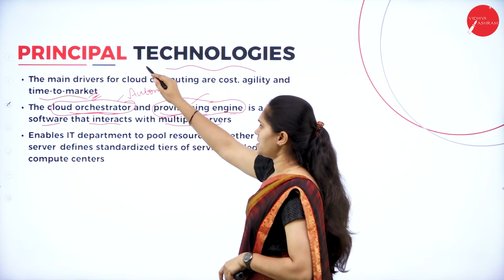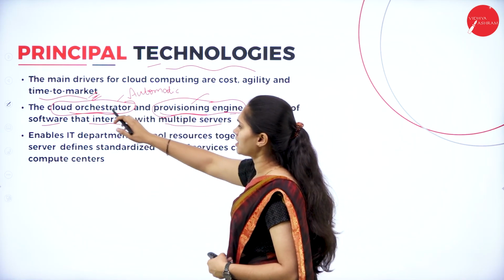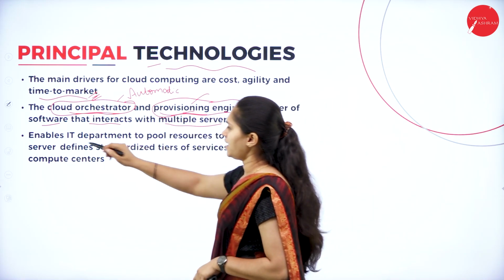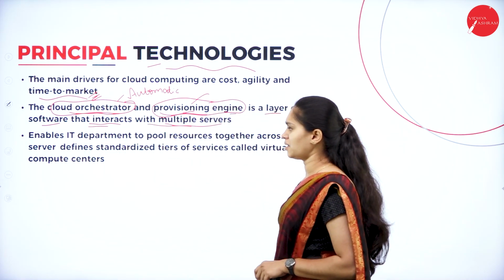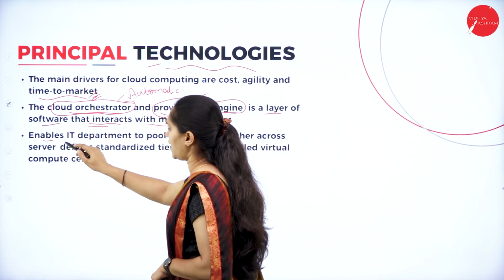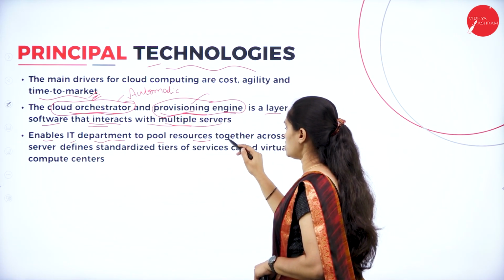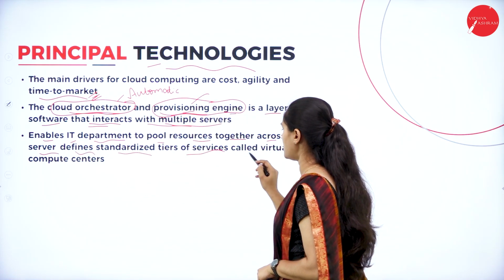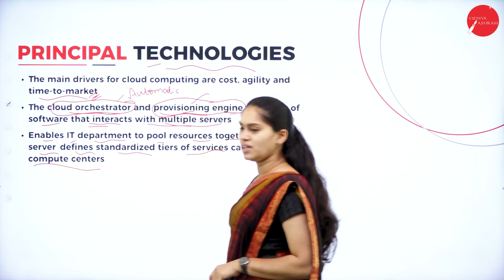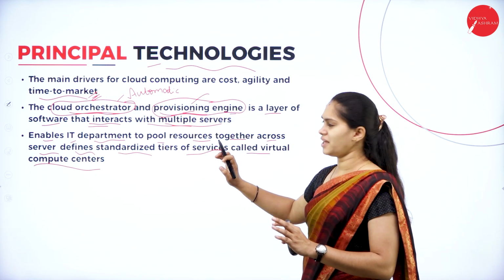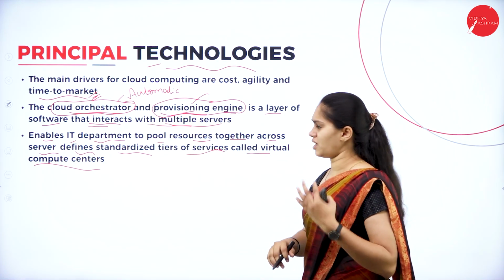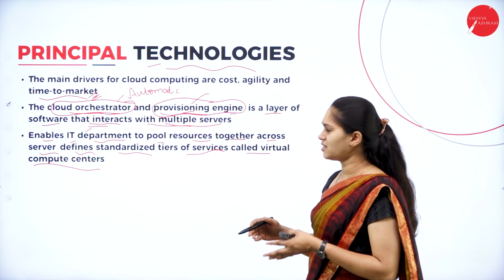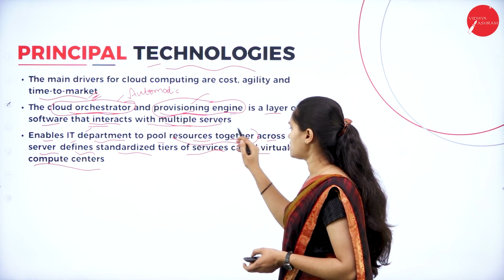So this principal technology deals with a cloud orchestrator and also a provisioning engine. These two are the layers of software that interact with the multiple servers. It also enables the IT department to pool resources together across the servers and define standardized tiers of services called virtual compute centers. So it is not only related to automation or provisioning. Along with that, the IT department has to pool all the resources together.